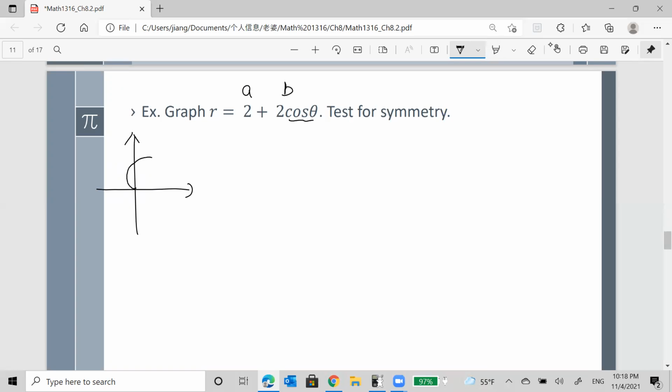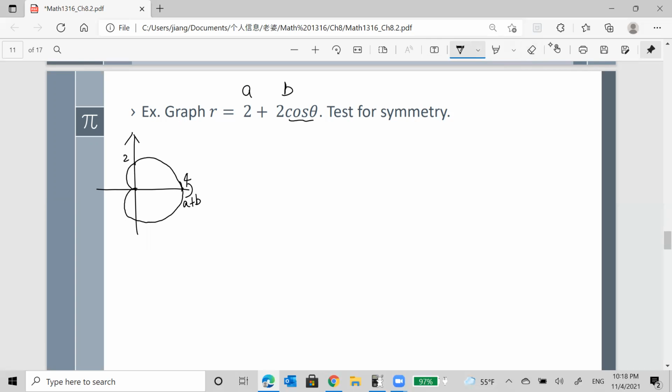The graph looks like this, and it should be symmetric. This point is A plus B, so 2 plus 2 is 4. And here is 0, and this point is A, which is 2.